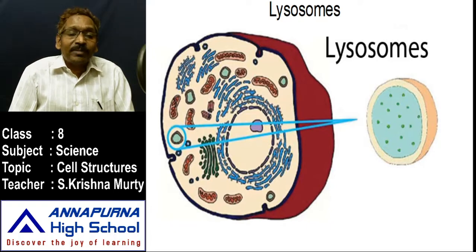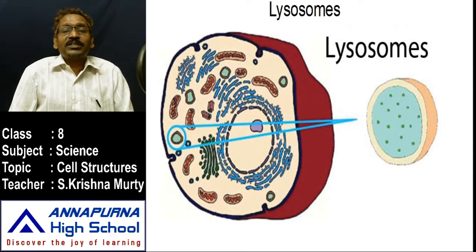Where are the suicide bags? The suicide bags are present in the cytoplasm. What are the suicide bags? Lysosomes are the suicide bags. Why are lysosomes suicide bags? Whenever the cell contains some foreign germs or toxicants, to protect from them, the cell will immediately die by releasing the enzyme lysozyme.